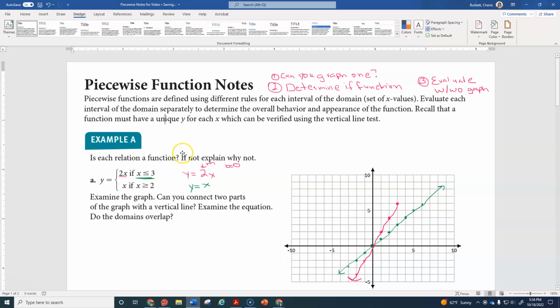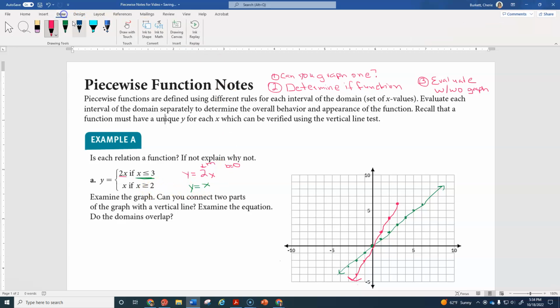Okay? Now for the green one right here, they don't want every x value. They only want the x values that are greater than or equal to 2. So I'm going to go over here and erase the x values that are smaller than 2. Here's 2, and all of these x values over here are smaller than 2, so we're going to get rid of all of these.